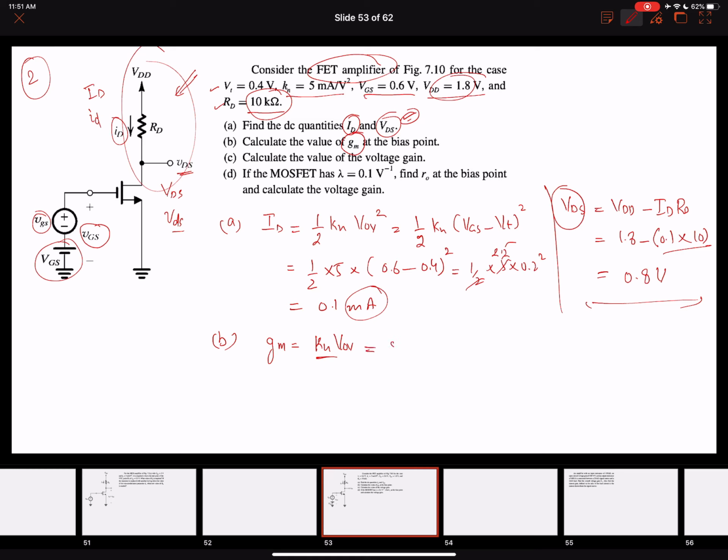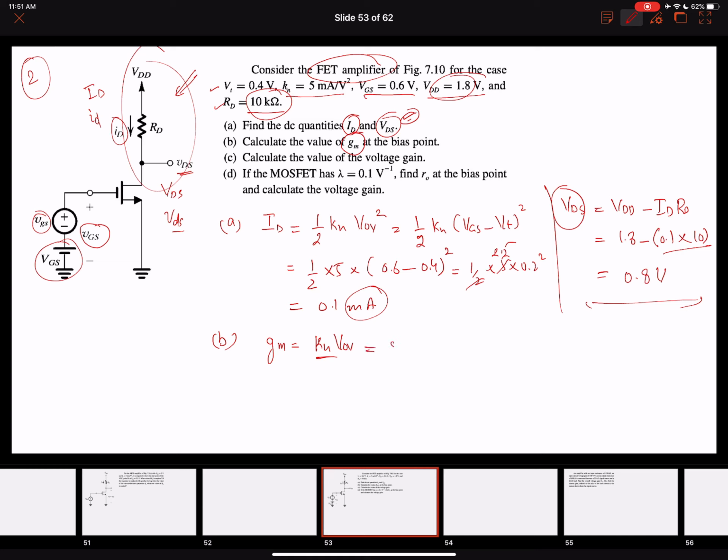So we just discussed that our value of R naught will be equal to VA over ID. Okay, so our early voltage, and we know that our VA is proportional to 1 over lambda. So if lambda is 0.1, our VA will be 10 volts.